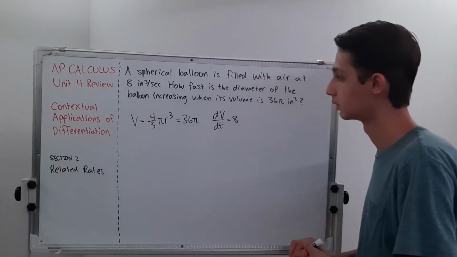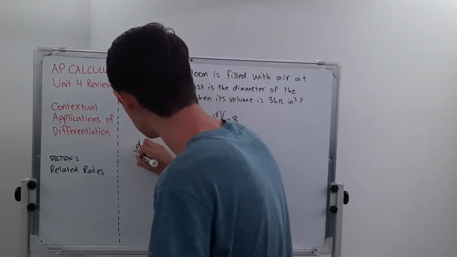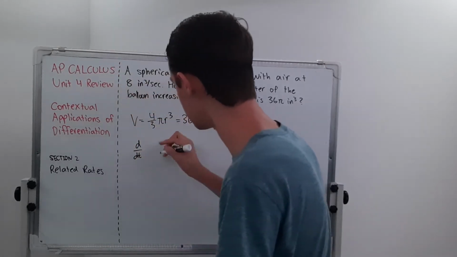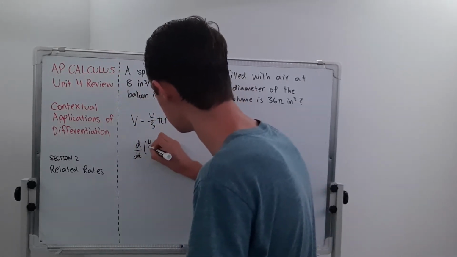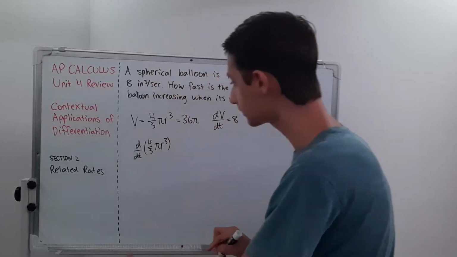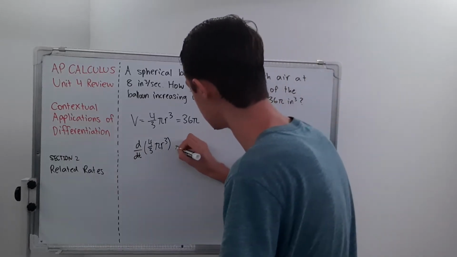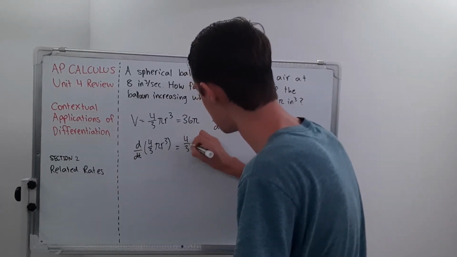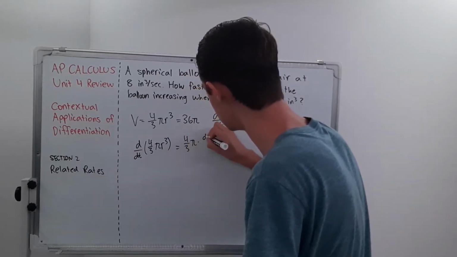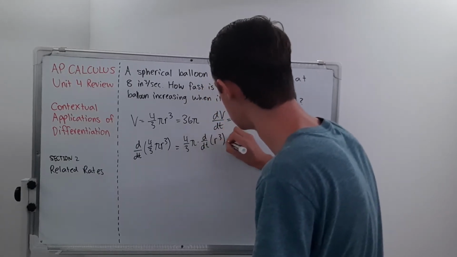Let's take d/dt of our volume, which is 4/3 pi r cubed. We can take this 4/3 pi out because it is just a constant, so it's 4/3 pi times d over dt of r cubed.